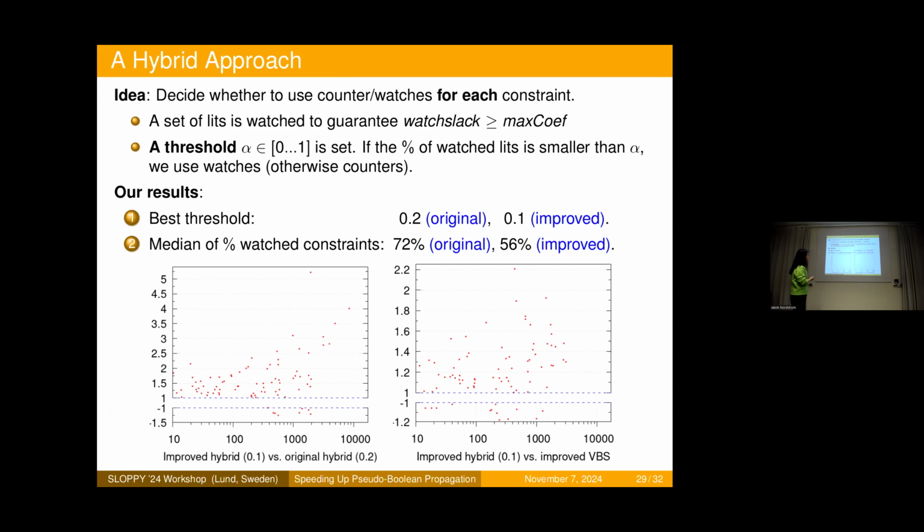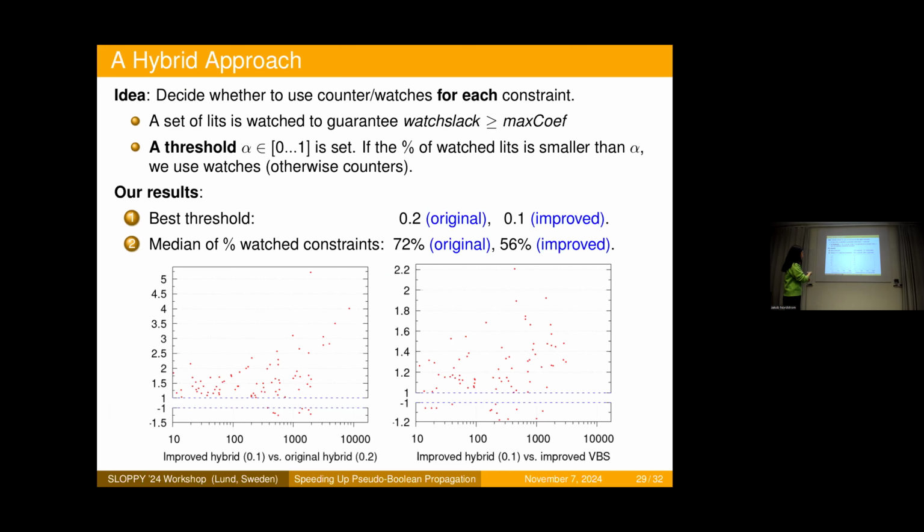Yeah. And in our improved version, we found that these values become smaller. This makes sense because we improved the counter a lot, so more constraints are using counter propagation.